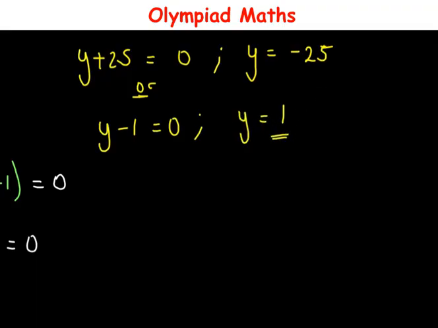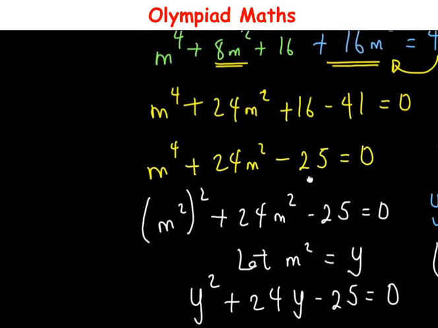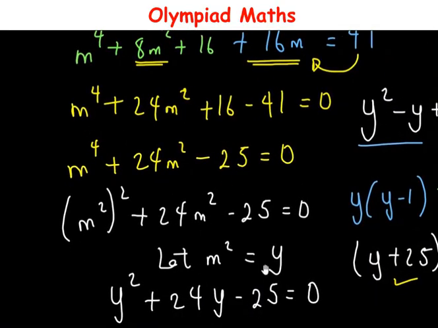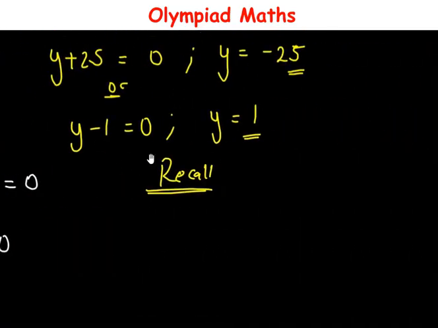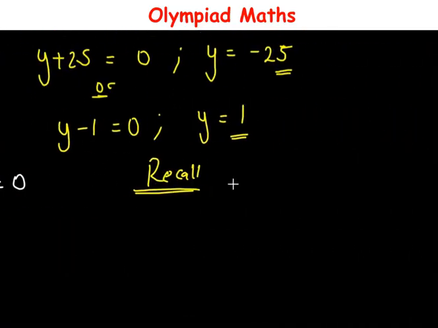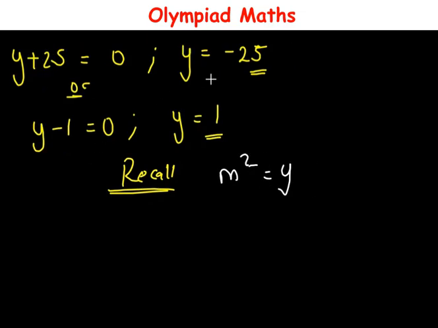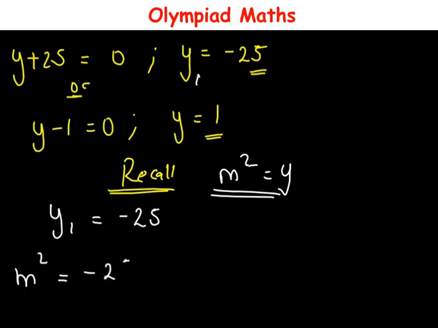So we've gotten the value of y, but then recall that we said let m squared equal y. So recall that m squared is equal to y. Now, for the first solution of y, which is minus 25, for y1 equals minus 25, to solve for the value of m, making use of this equation, this becomes m squared is equal to minus 25.